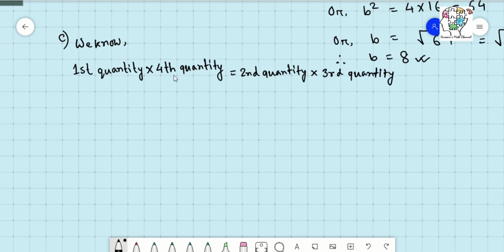So what is the first quantity? First quantity is equal to A. So we can write A times the fourth quantity is equal to D. So A times D is equal to second quantity is our B times third quantity is our C.